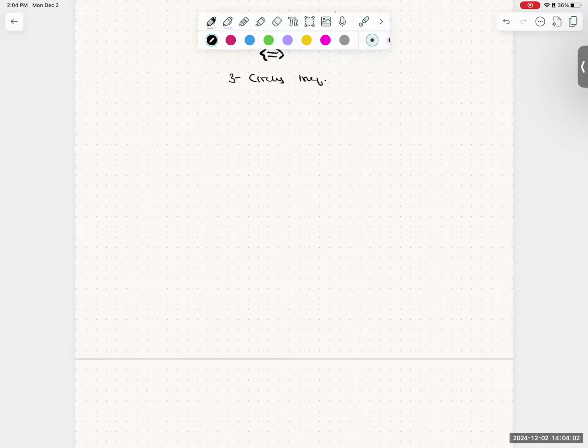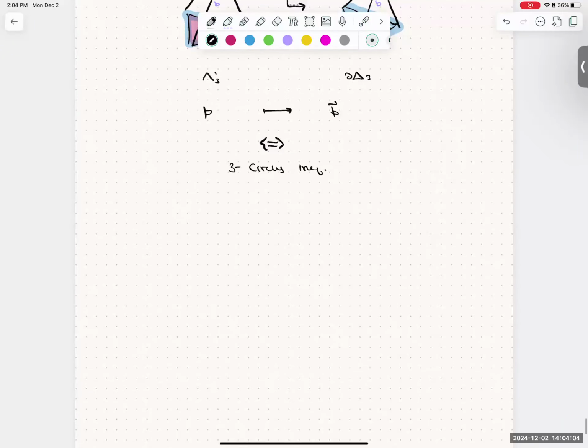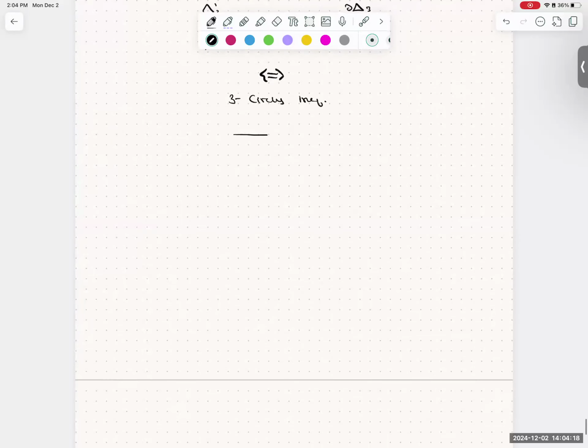Okay, so let's slightly shift directions to understand where these inequalities are coming from. I want to speak briefly about a special set of coordinates that we can use when we have two-dimensional simplices.